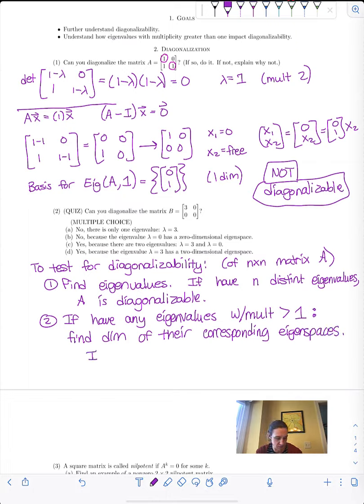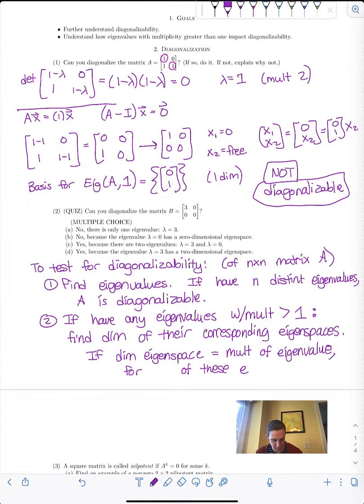And if for each of these eigenspaces the dimension of that eigenspace equals the multiplicity of the corresponding eigenvalue, so in other words, if the number of vectors in a basis for the eigenspace equals the multiplicity of the eigenvalue for each of these eigenvalues, then your matrix is diagonalizable.